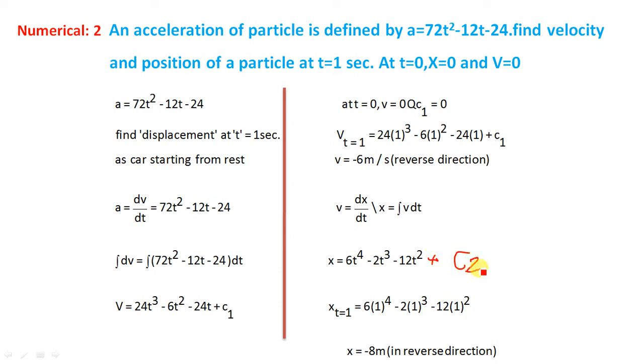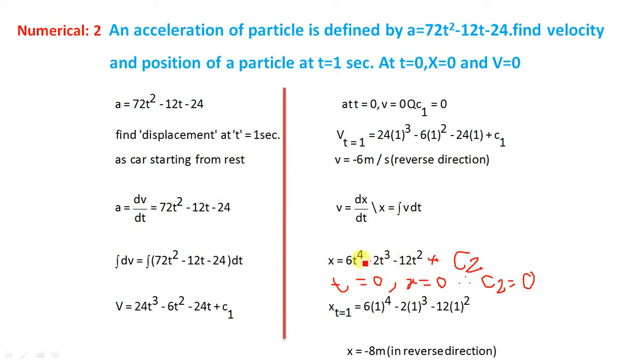Let's say this is c2, but at t is equal to 0, x is equal to 0 is given. Therefore your c2 is equal to 0. So this equation is converted as x is equal to 6t raised to 4 minus 2t cube minus 12t.